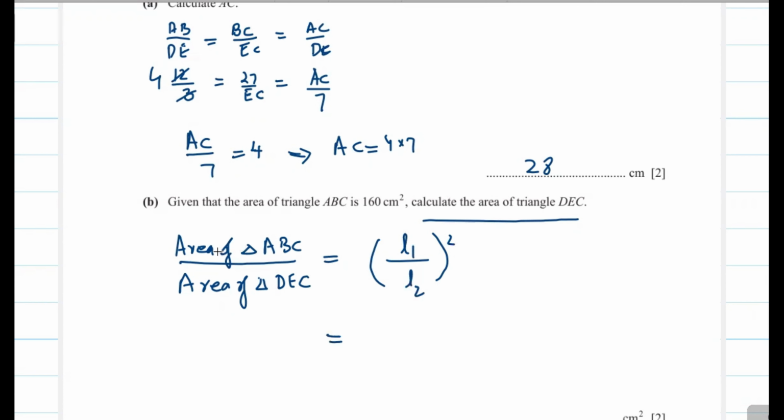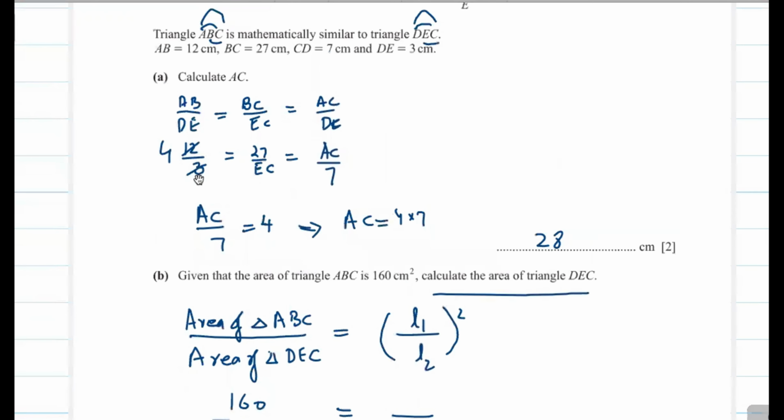Now we substitute the values. Area of triangle ABC here is 160. Our area of triangle DEC, we name it as A2. Now the corresponding lengths of ABC, that is 12 over 3.